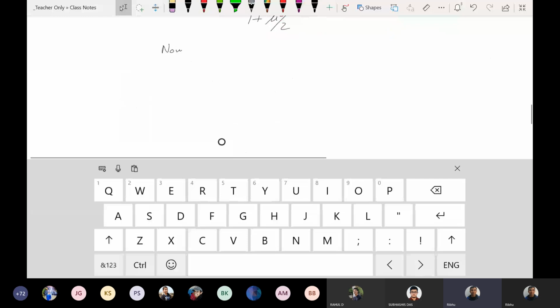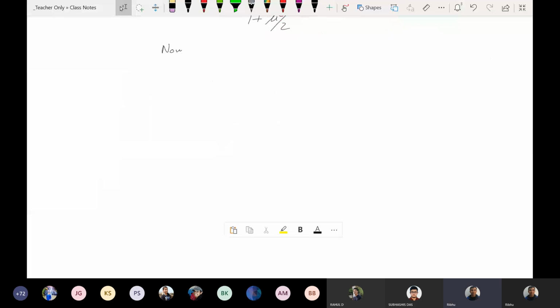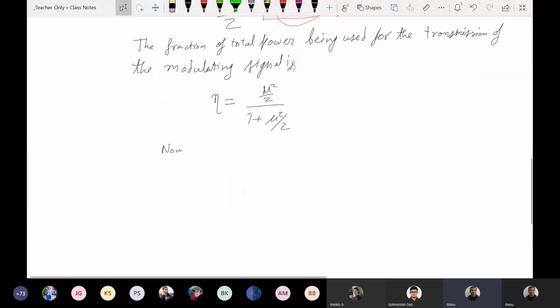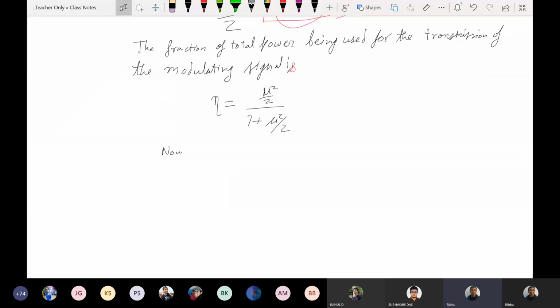My screen is not visible. Okay, it's visible to me on the other call.